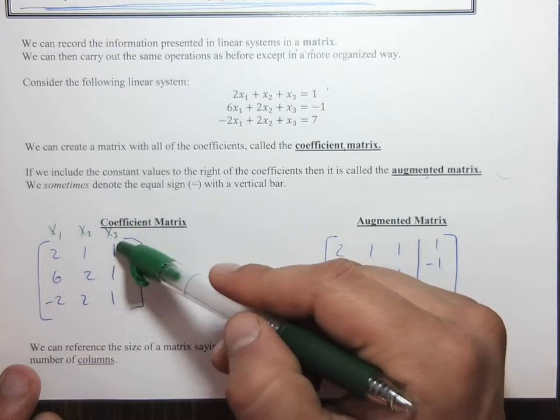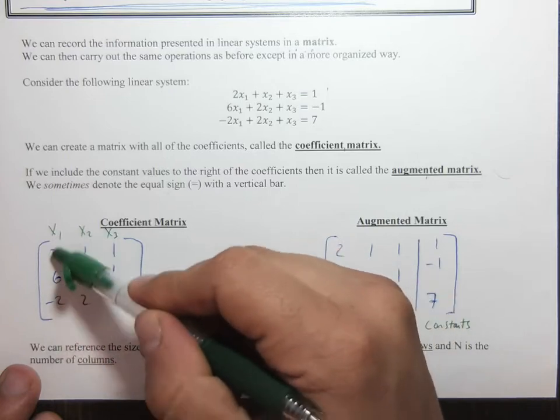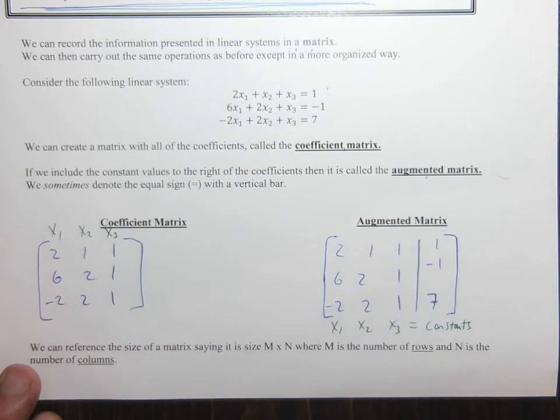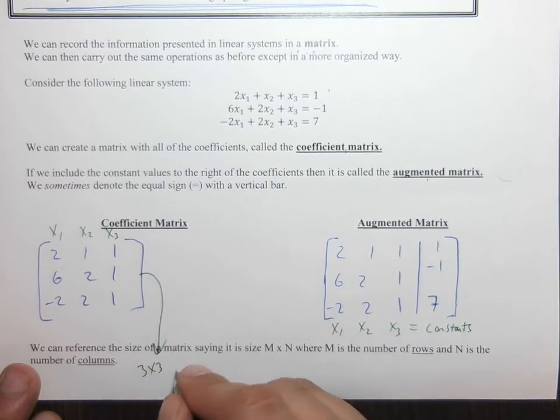The way to remember that is to think about columns on a building, like Greek columns or the columns that hold up a porch. Columns go up and down. That's how I usually remember it. And rows go side to side. So there are 3 rows and 3 columns in this one, and this is a 3 by 3 matrix.